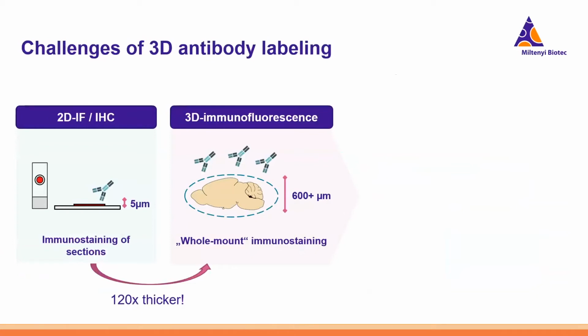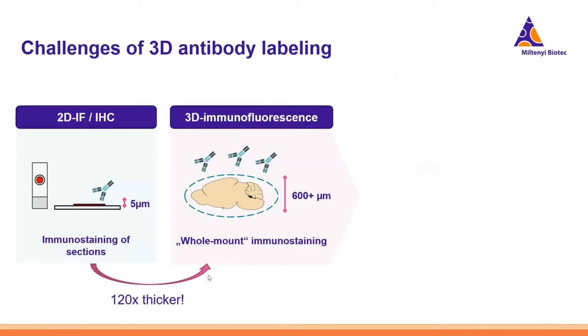I mean, all of us know the 2D immunofluorescence or immunohistochemistry staining of samples. It is easy to stain a 5-micron section, for example, of an FFPE fixed tissue. But if you look at this 3D imaging approach, you're now talking about a mouse brain hemisphere, which is 120 times thicker as a sample.